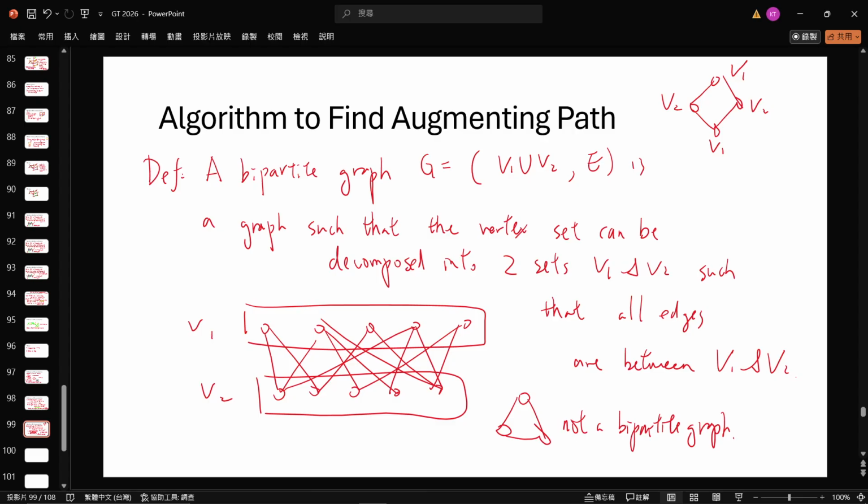You can see that all the edges have one endpoint in V1 and the other endpoint in V2. So that's a valid bipartition. Anyway, next we will focus on graphs like this, where you can divide it into two sets, and all edges are between these two sets. So that's a bipartite graph.